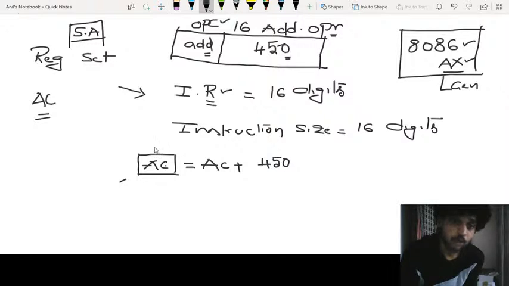So, as the result of the instruction, the accumulator will get updated. If you can understand this, I will take you to the next level. Did I make myself clear? Shall we go to the next level?